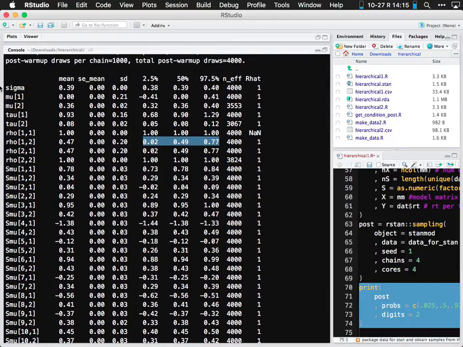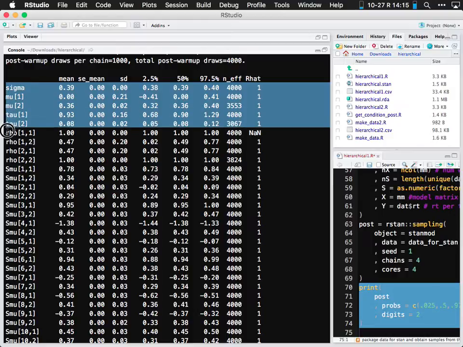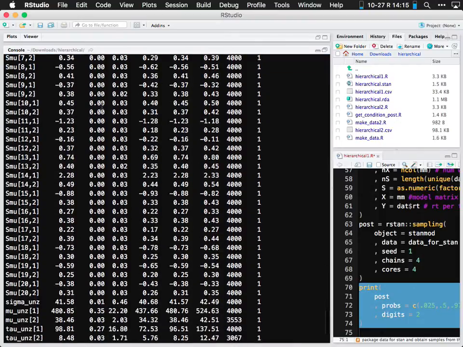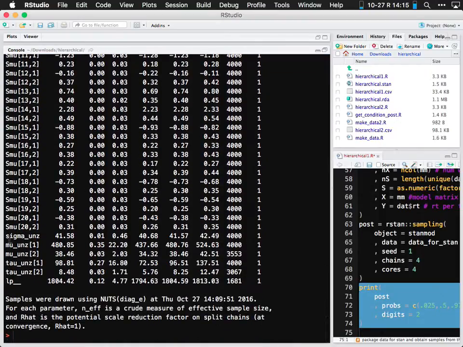We could look up here at the sigma, mu, and tau to look at the values for these parameters on the Z scale, but we have at the very bottom sigma unz. So this is talking about the size of measurement noise. That data we'd read in was values in milliseconds. So there's about 42 milliseconds of noise in measurement within each person.